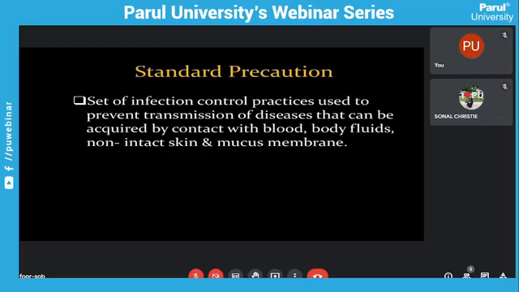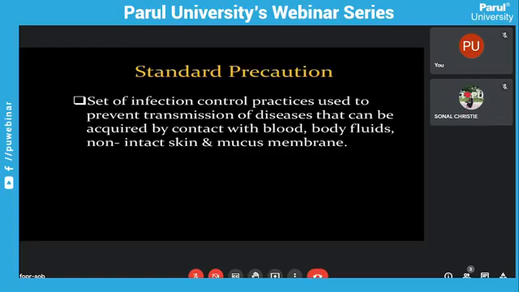That is hand washing, wearing personal protective equipment, sterilization process, all these things are included in the standard precautions. Then, diseases that can be acquired by contact with blood, body fluids, non-intact skin.